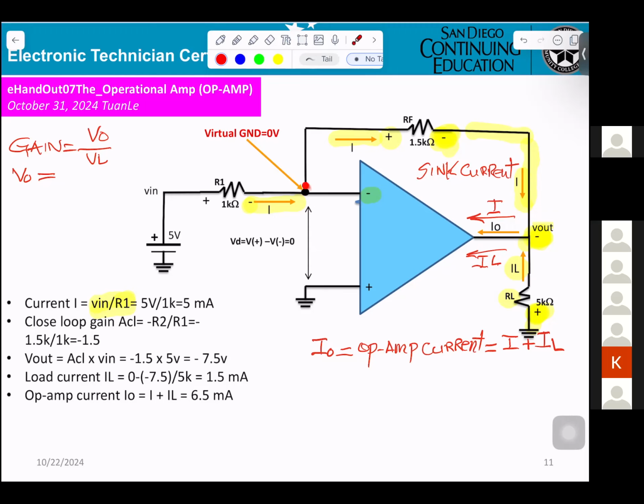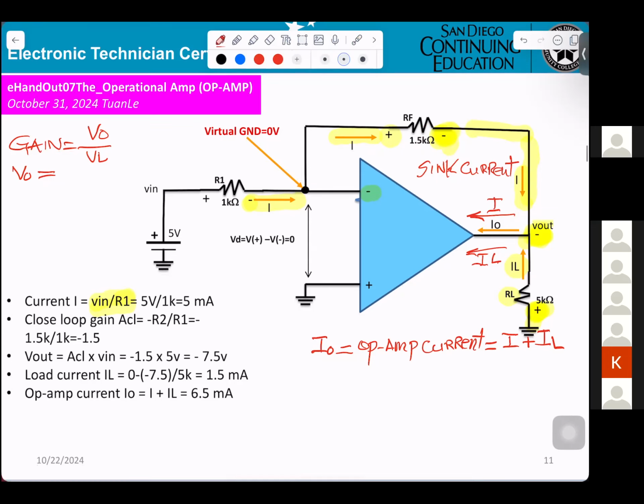Remember, this is a ground. So Vout also equals the current I times RF. However, it's negative, so that's why you have to say minus I times RF.